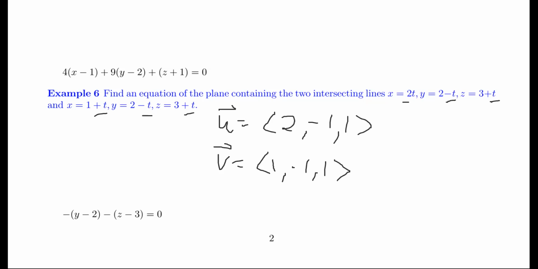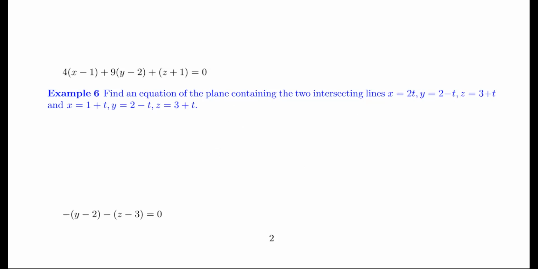And again, we can just take their cross product. So let's do that now. We take the cross product of those two vectors, which were 2, -1, 1, and 1, -1, 1.